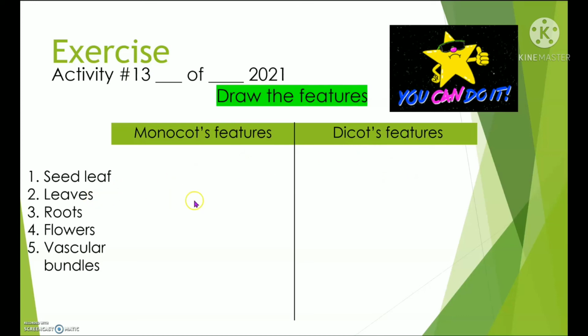Next, draw the leaves. Third, draw the roots. Fourth, draw the flower. And lastly, draw the vascular bundle of monocot and dicot. You can do it, guys.